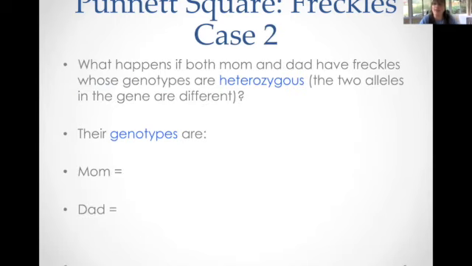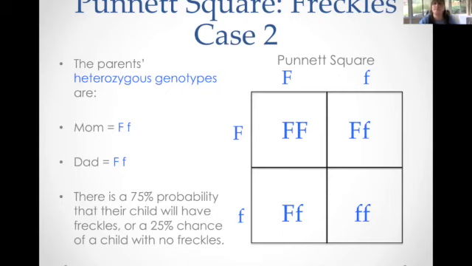All right, now here's a different one. What happens if both mom and dad have freckles and their genotypes are both heterozygous, which means big F and little f? This is what happens.